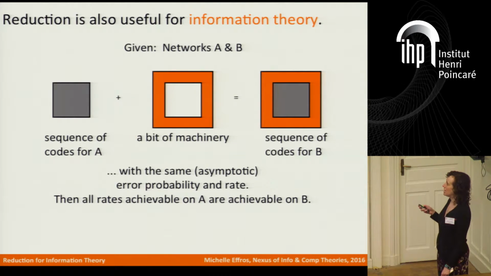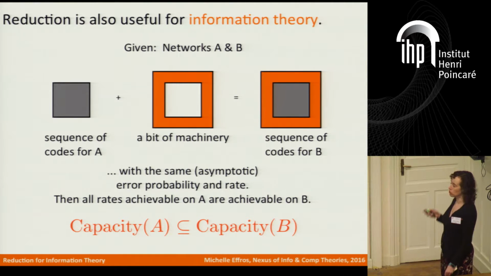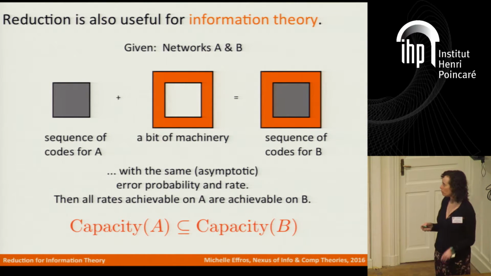In particular, if the rates that you get on one and on the other are the same, you could show, for example, that the capacity of network A is a subset of or equal to the capacity of network B, because any rates you can achieve on one, you can also achieve on the other, which is, of course, our definition of capacity.